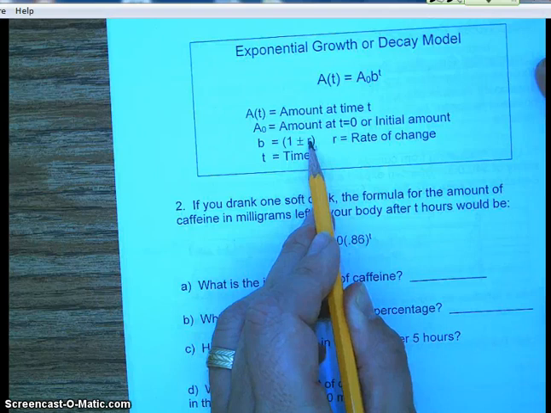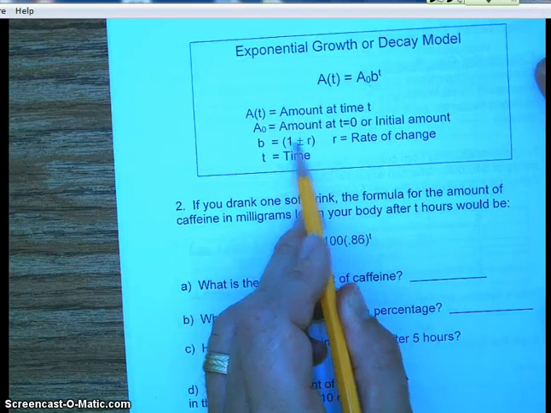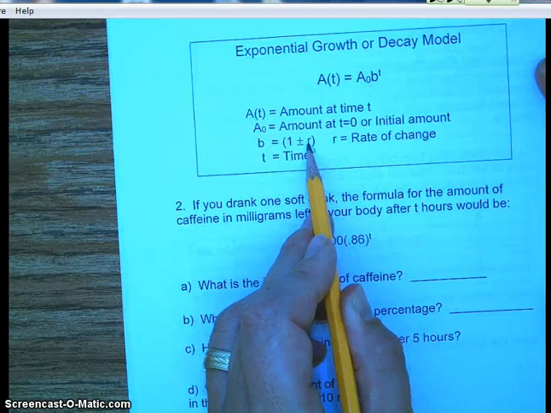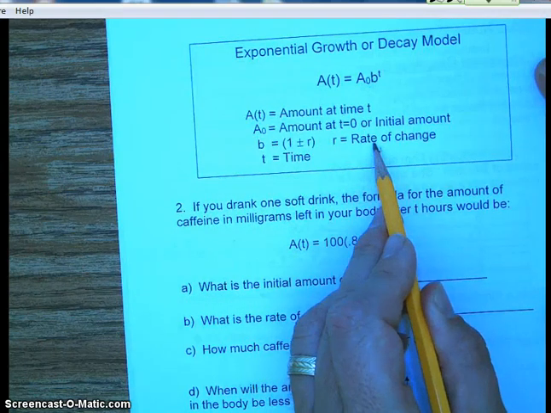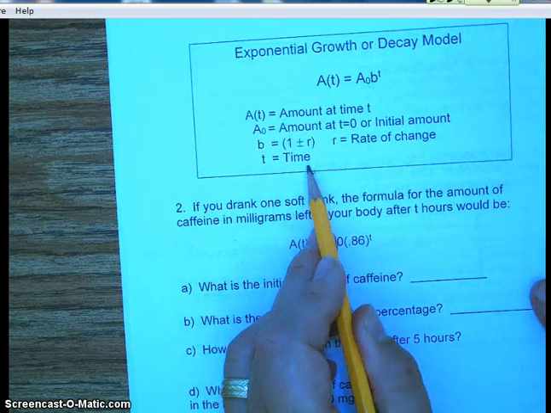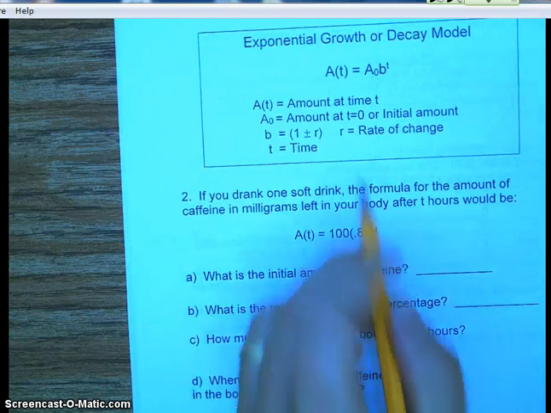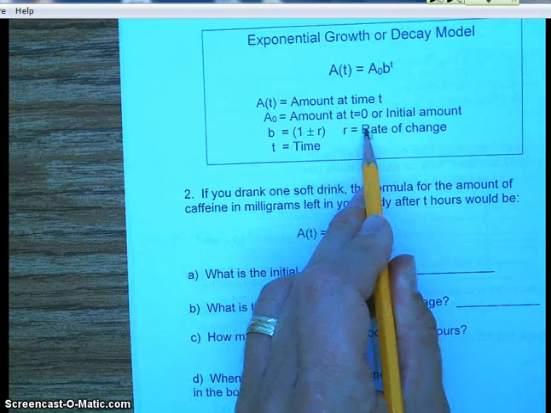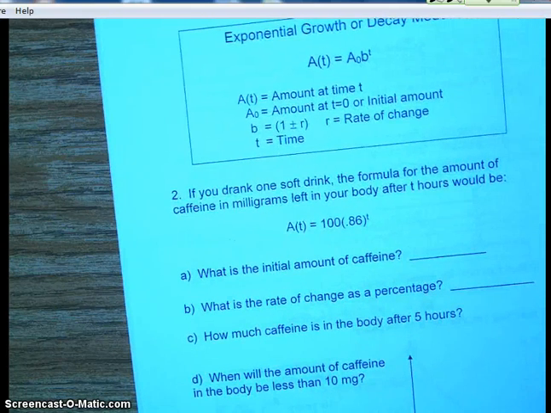It's going to be a decay when it's less than 1. So if I did 1 minus 0.06, that would be 0.94, which is less than 1. That's a decay. R is going to be your rate of change, and T represents time. We'll see R a little bit later. That R represents your growth rate or your decay rate. Rate of change.